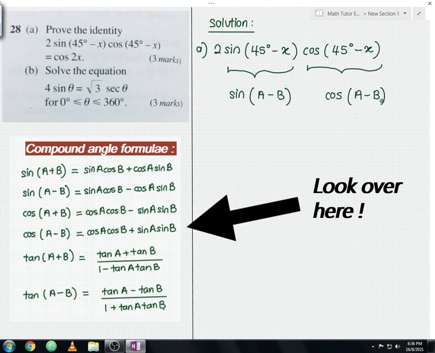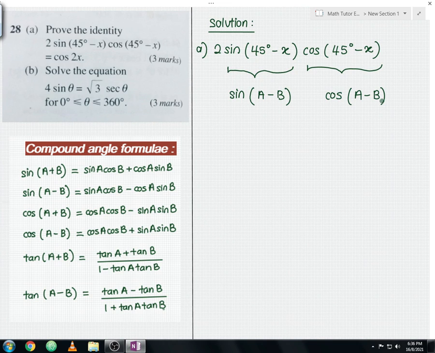You can take a look at the compound angle formula list which I'm showing to you right now, so you can use that as your guideline in order to solve this equation. I just want to pinpoint which is the compound angle formula in this equation. So I hope you guys identify it.